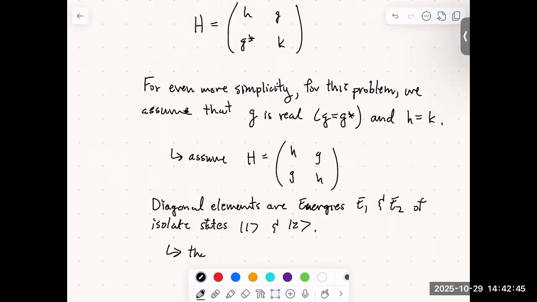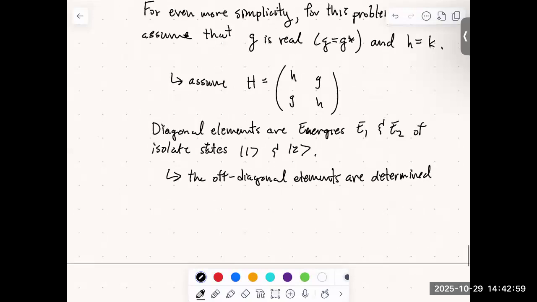The off-diagonal elements are determined by the potential V. And so we don't know what that potential is, but it could be some interaction between the two states. Okay, so now that's the setup.